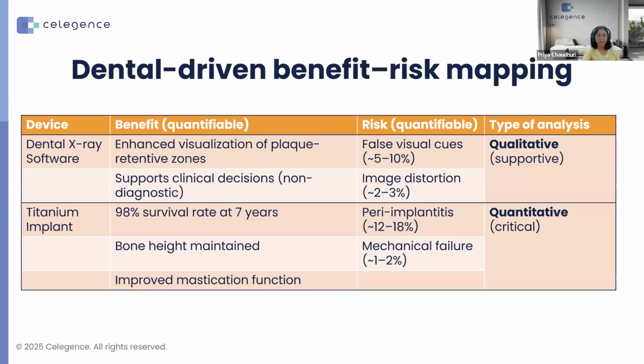For example, we need to acknowledge risks like peri-implantitis, which occurs in about 12 to 18% of patients in the long term. We should be able to define a time span. Then mechanical failures, such as loosening or fracture, typically about 1 to 2%. In such cases, qualitative arguments aren't enough. The notified bodies expect quantitative evidence, like long-term clinical studies and real-world registry data.